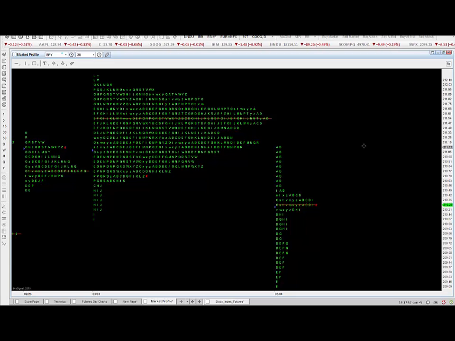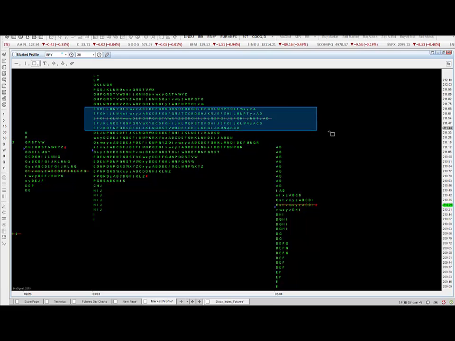At that point in time, the general guideline is I want to be trading on the price side of the high volume node. In other words, in the time frame in which I'm trading, if price is below the high volume node, I want to be favoring shorts. If it's above the high volume node, I want to be favoring longs.